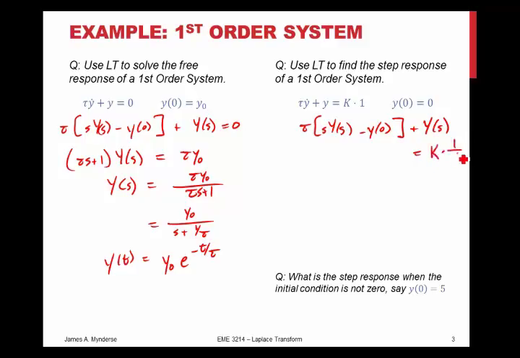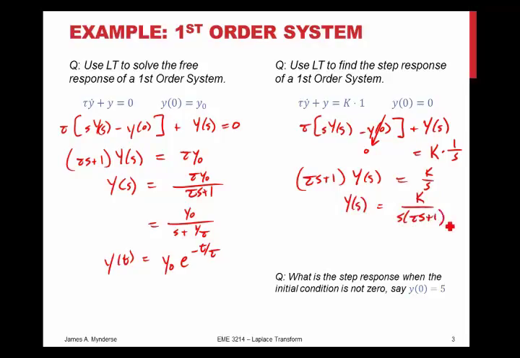Well, the Laplace transform of 1 is going to be 1 over s. So in this case, I know that y of 0 is going to be 0. So I can get tau s plus 1 quantity times y of s is equal to k over s. So let's divide both sides again by the tau s plus 1. So we get y of s is equal to k over s times tau s plus 1.